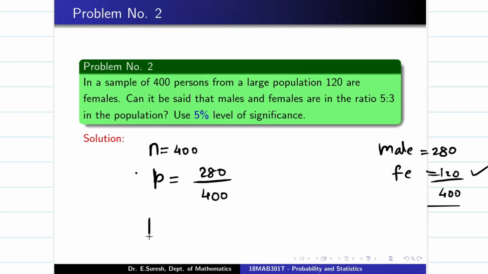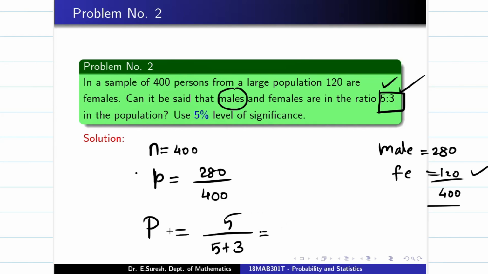How to find capital P, guys? It is given as a ratio. Don't worry. Ratio means for the denominator we always add the ratio. I am dealing with men, so males are 5, women are 3. My population proportion is 5/8. This is the case of male.